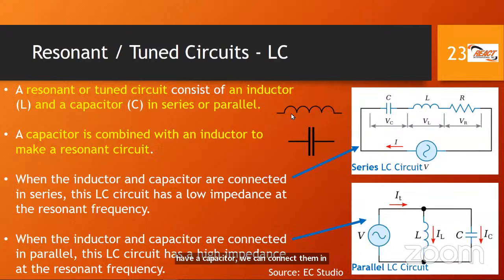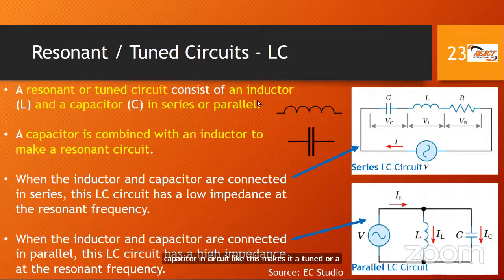But once we connect an inductor to a capacitor in a circuit, like what we're seeing on the right-hand side here, we have just created a resonant or a tuned circuit. In one of these circuits, we have a little extra symbol here, a resistor, but the inductor and the capacitor in a circuit like this make it a tuned or a resonant circuit.